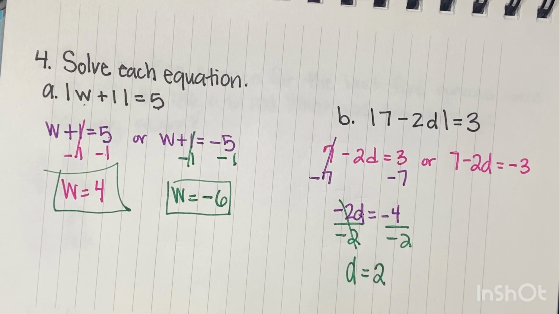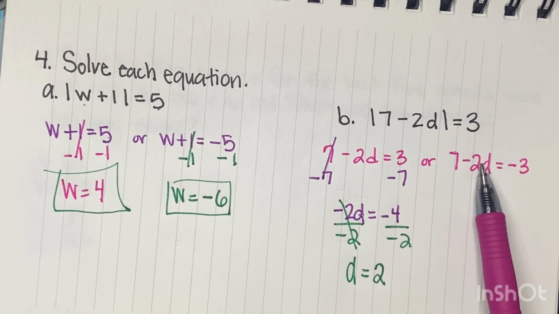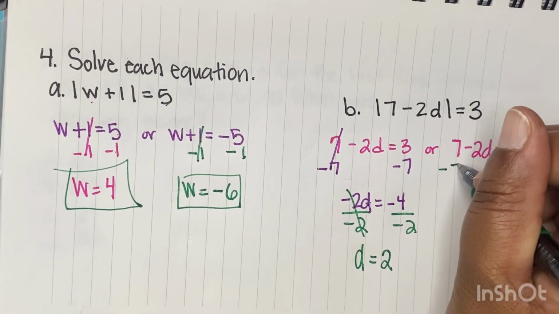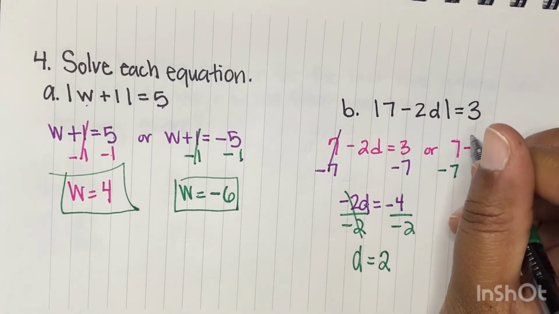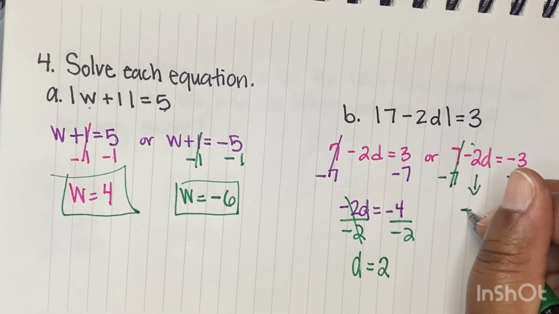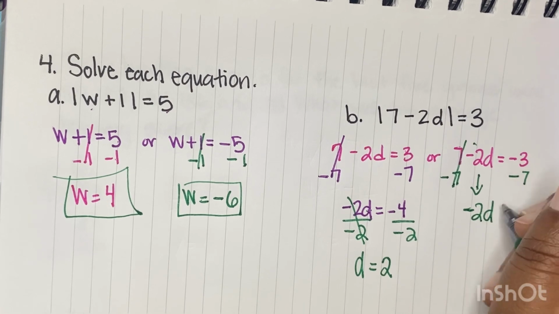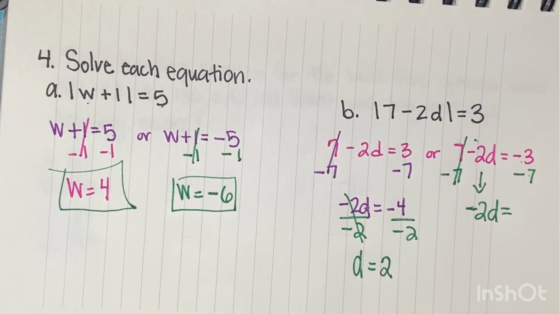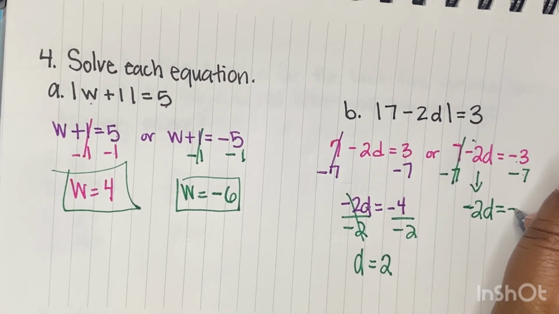All right, again, we want this negative 2d by itself. So what are we going to do? We're going to subtract this positive 7 from both sides. We drop down our negative 2d equals negative 3 minus 7, which gets us negative 10.